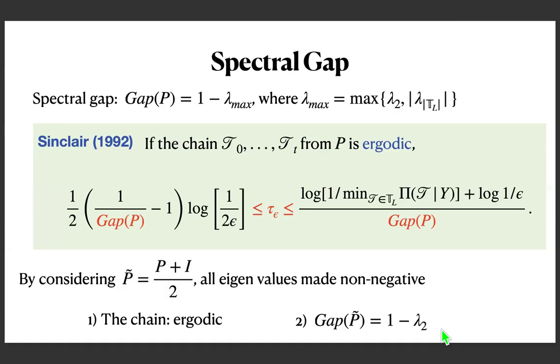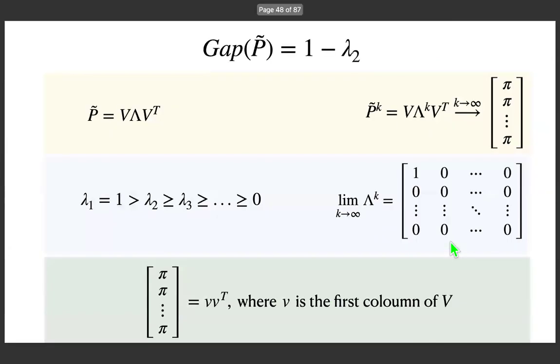Before I apply this to our situation, I want to share a little bit of intuition on why the mixing time depends on this magical number, the gap. If we think about the transition matrix, in the end it will go to the stationary distribution, so if we multiply it many times, it will go to that.